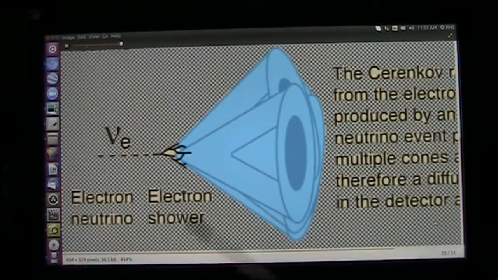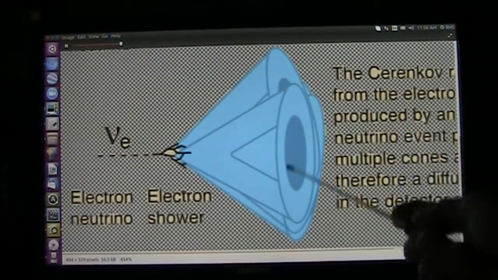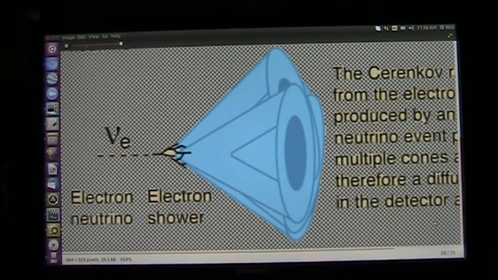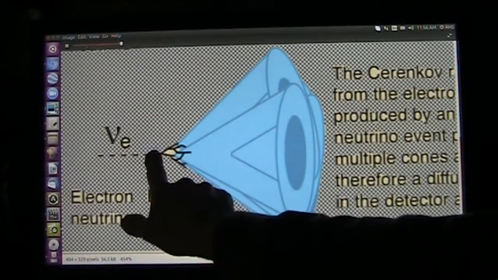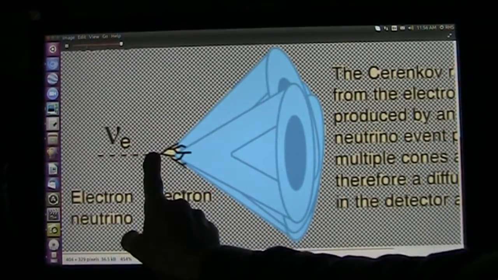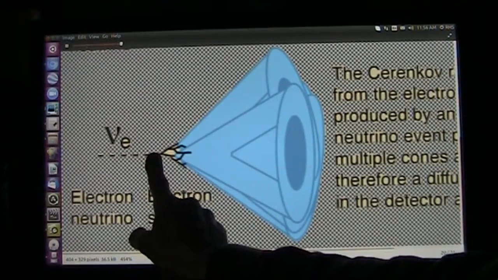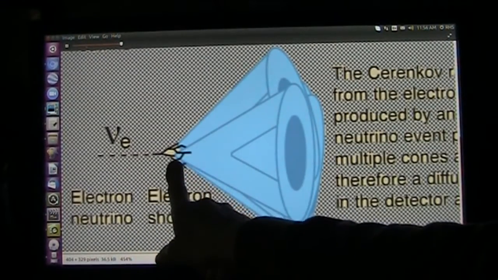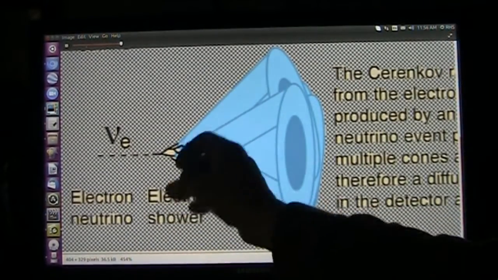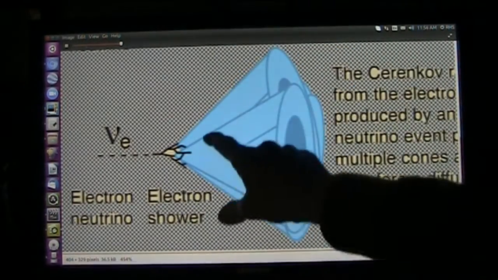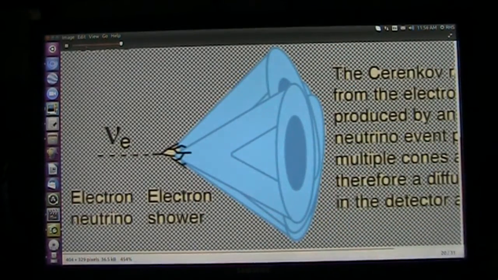All right, you saw what the Higgs fields I showed look like, and I believe these are the Higgs fields. They call them electron neutrino showers. So your power coming in, your high voltage particle coming out of the accelerator, extremely high voltage, smashes into the atmosphere and creates all these cones.